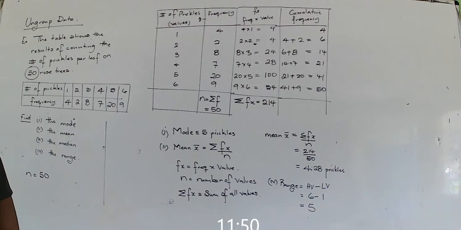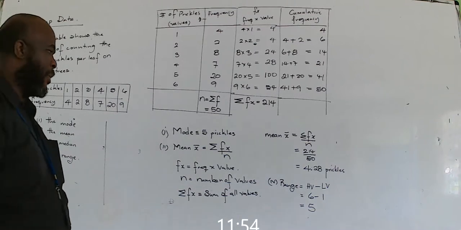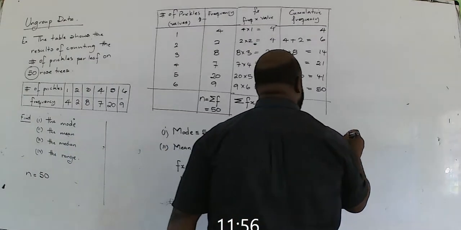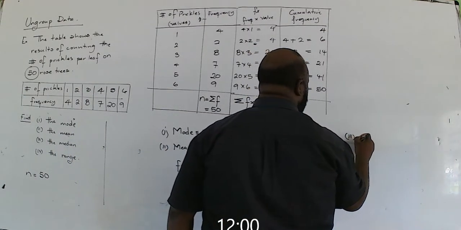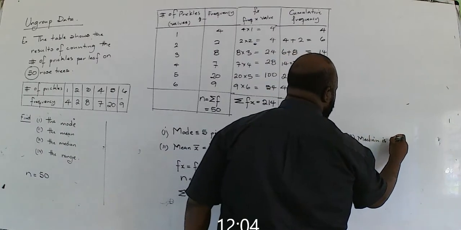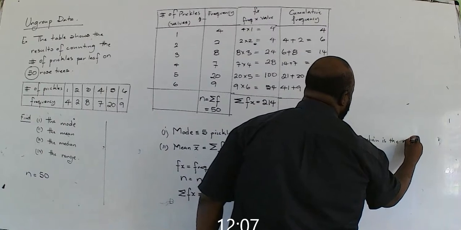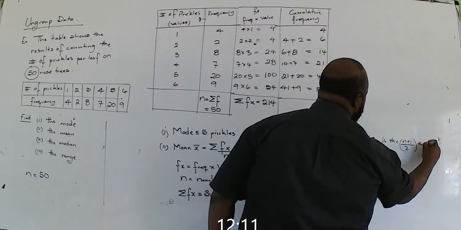Stay with me. Now, can I tell you how this helps you? The median is the n plus 1 over 2 th value.